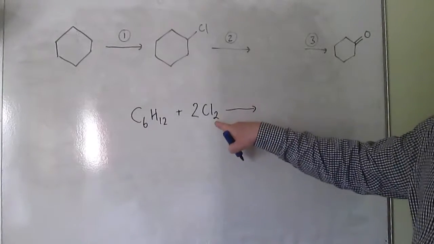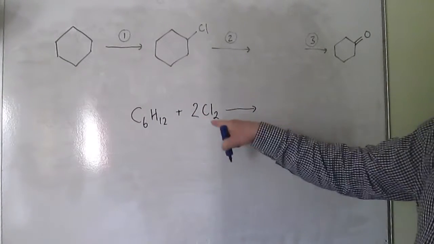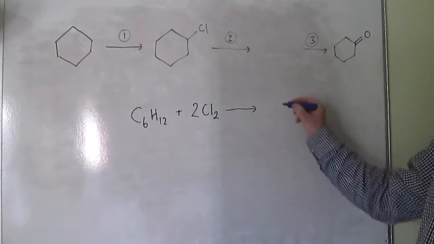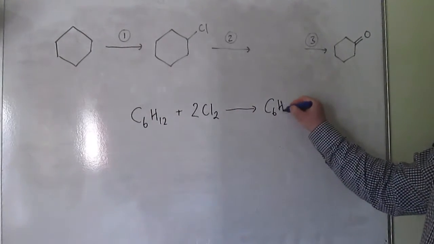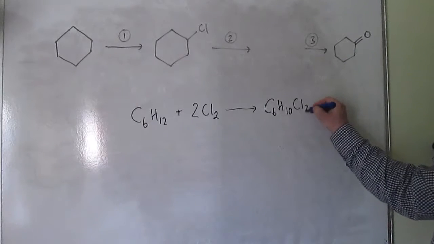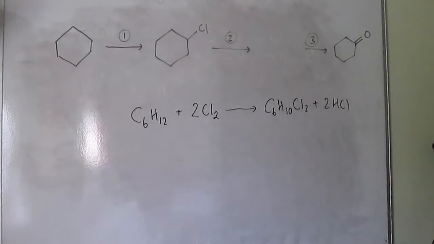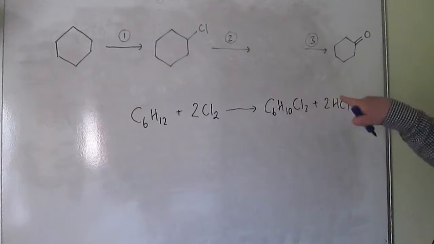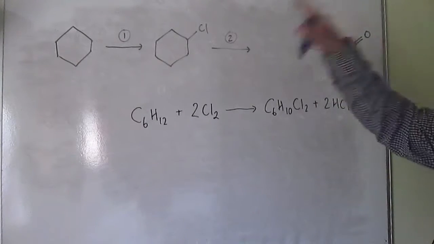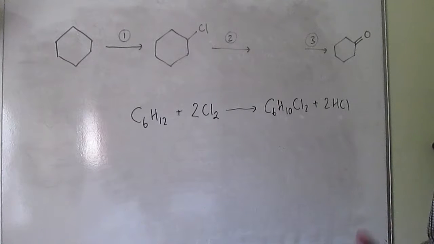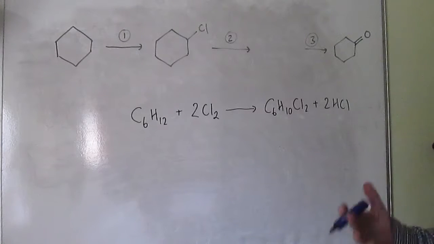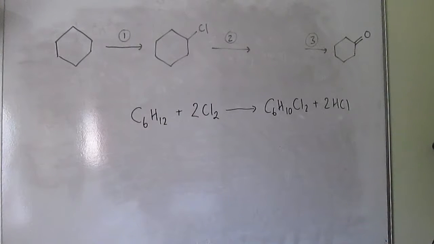Remember, the chlorines go in replacing hydrogens, so if we've got 2 chlorines in there, we've got to have 2 fewer hydrogens. So C6H10Cl2 plus 2 HCl. If you remember the pattern, however many chlorines have gone in, you get that many HCl's formed, and therefore you need that many Cl2's reacting. It's quite straightforward, but if you don't learn it, you can come unstuck.